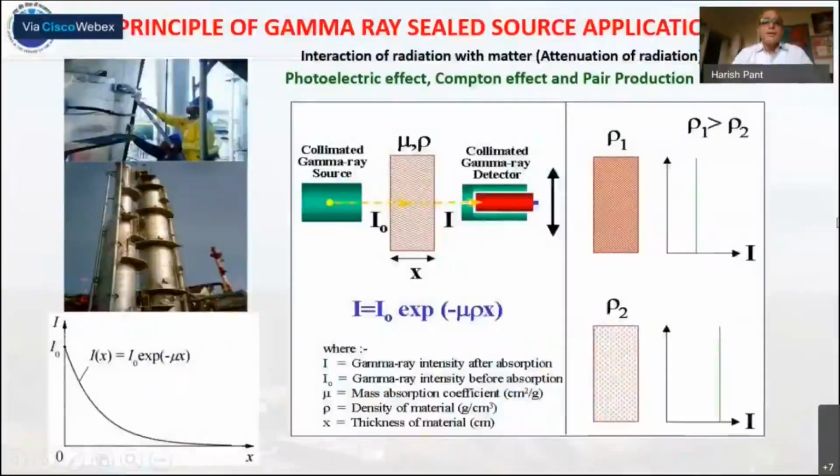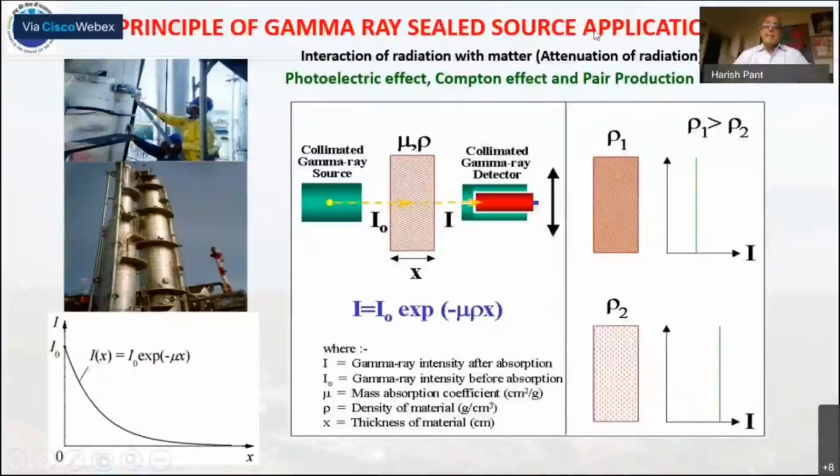Now, before discussing the applications, let me discuss with you the principle of sealed source application. I'm sure that Dr. Reddy or someone might have discussed the interaction of radiation with matter.